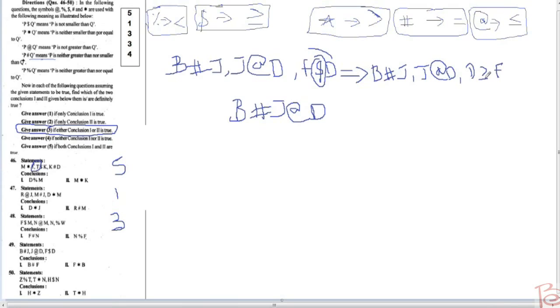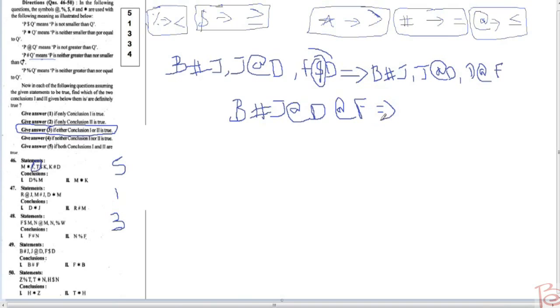Sorry, instead of dollar sign I have to put the opposite sign. So the opposite sign is at. At is the opposite sign of dollar sign. So at f.